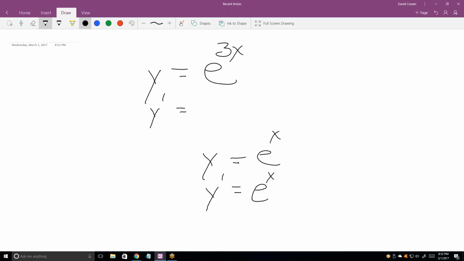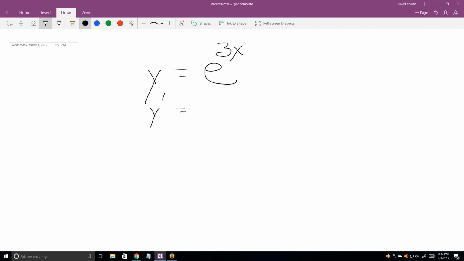It's the only function in the universe whose derivative is the same as the function. So very important function. That's why e to the x is so important, because its derivative is the same as it. So the derivative of the outside is what?